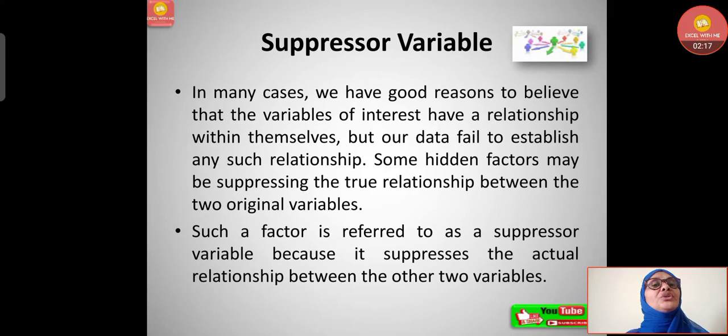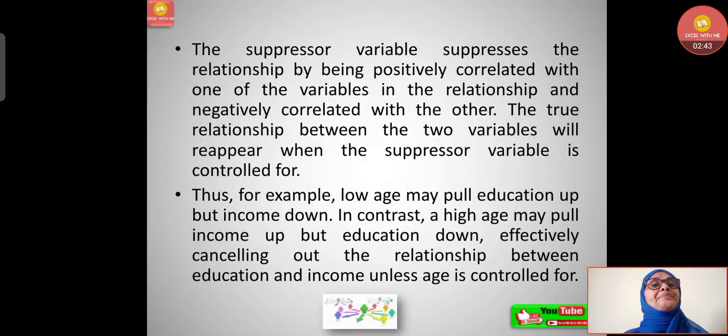Then we have understood the suppressor variable. In some cases, for good reason, the variables of interest have a relationship within themselves, but our data fail to establish any such relationship. Some hidden factors may be suppressing the true relationship between the two original variables. Such a factor is referred to as a suppressor variable.